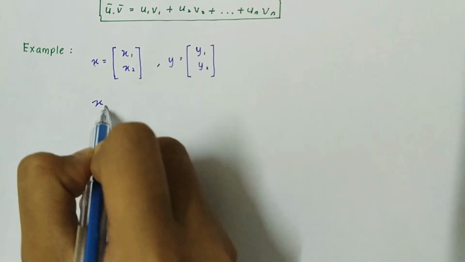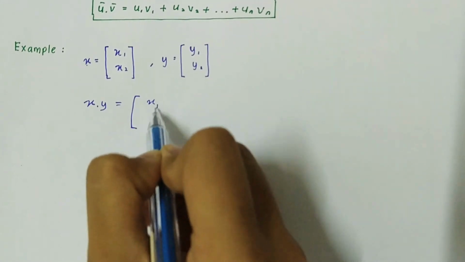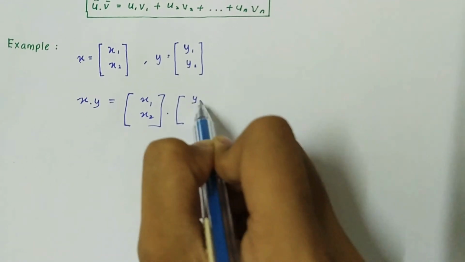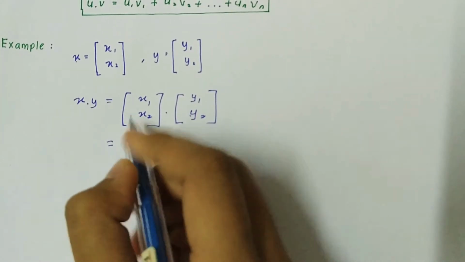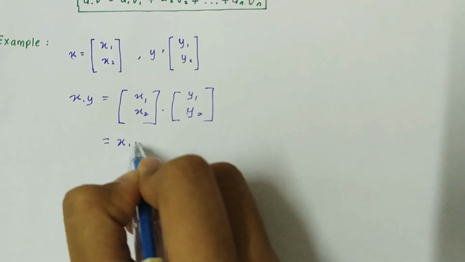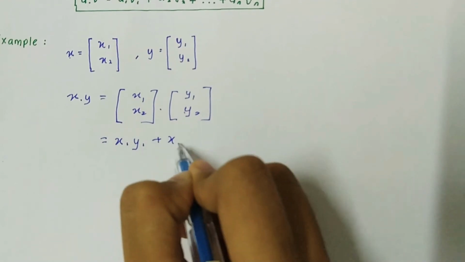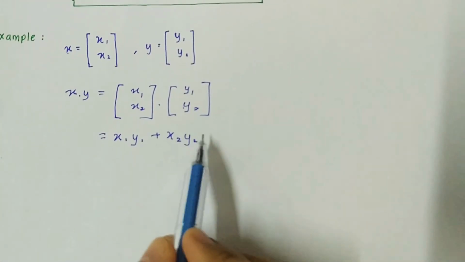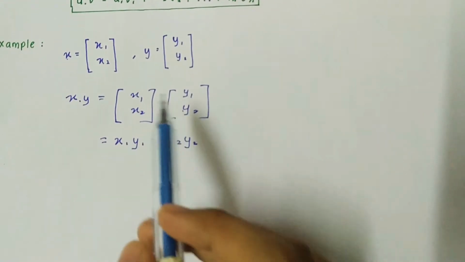Then we use this formula. So it becomes x1 y1 plus x2 y2, and this is the inner product, so it just multiplies itself.